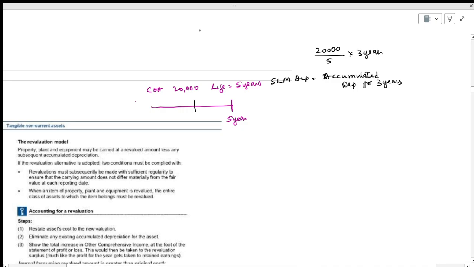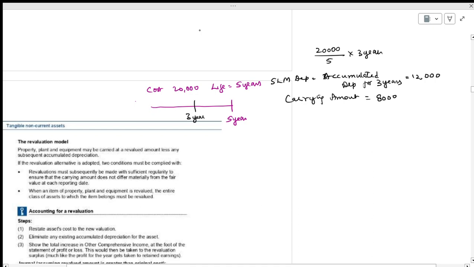How much will you get? $12,000. Now, what is the carrying amount after 3 years? 8,000.